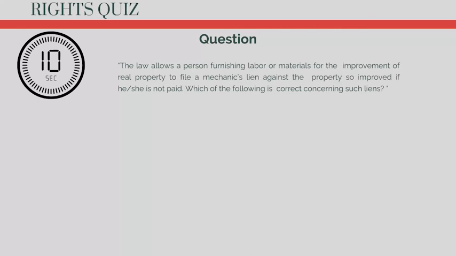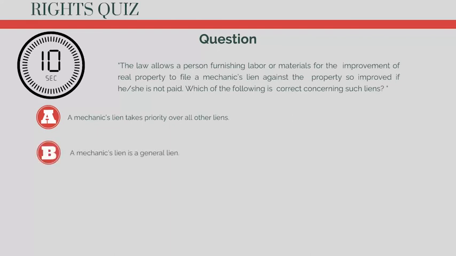The law allows a person furnishing labor or materials for the improvement of real property to file a mechanics lien against the property so improved if she is not paid. Which of the following is correct concerning such liens? A, a mechanics lien takes priority over all other liens.